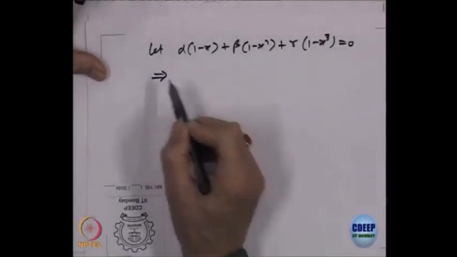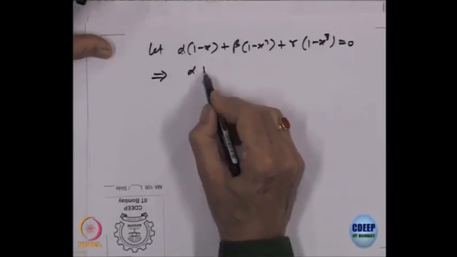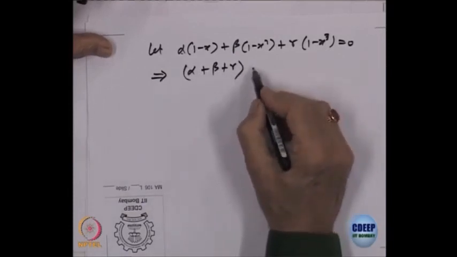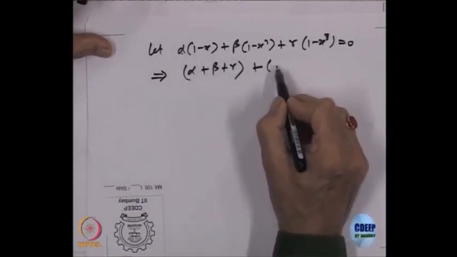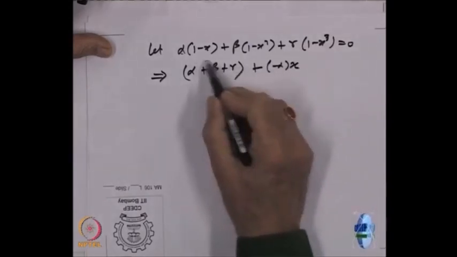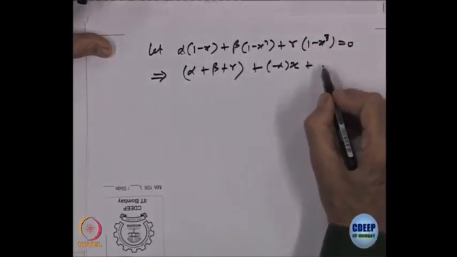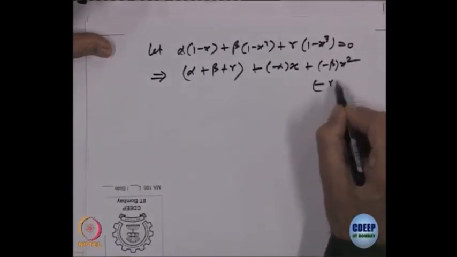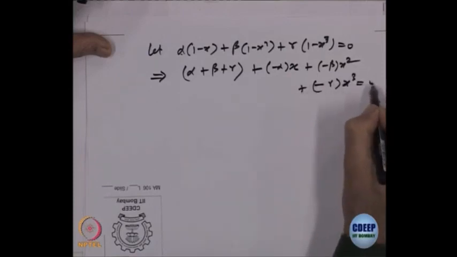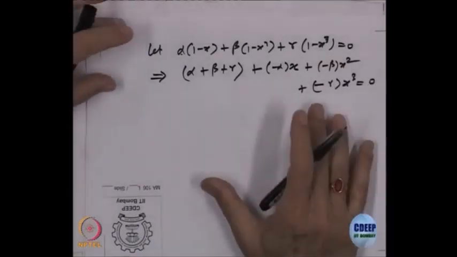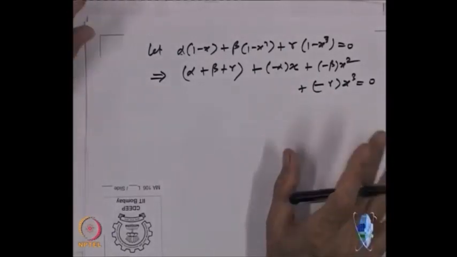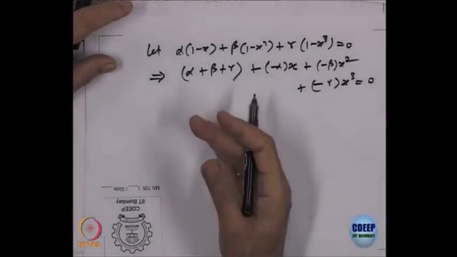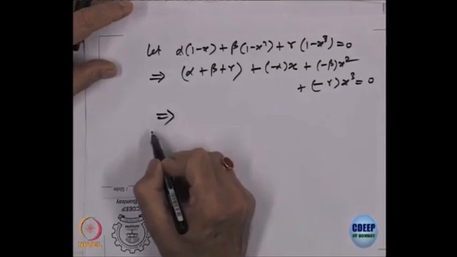So, what does this mean? This will give me alpha plus beta plus gamma, that is the constant part of the left hand side, plus minus alpha x, plus minus beta times x square minus gamma times x cube equal to 0. What I have done is just express the left hand side as a polynomial, nothing more than that, because one polynomial is equal to the 0 polynomial, I have to see what the coefficients of the left hand side are. So, what does that imply?